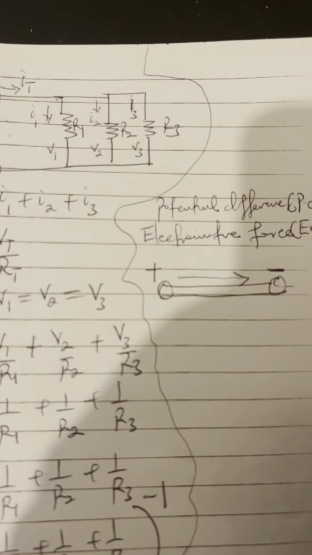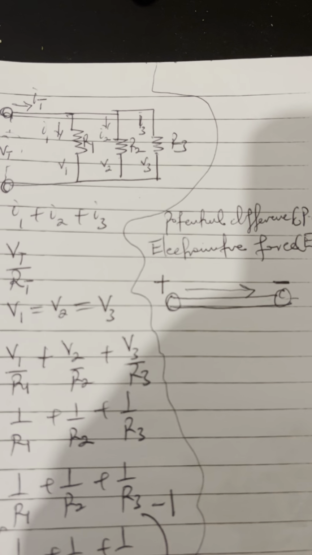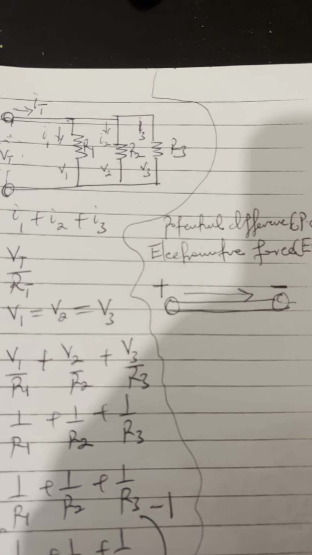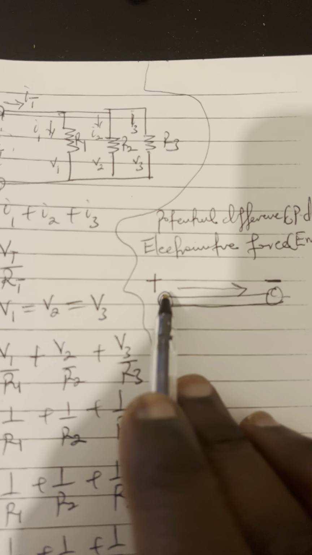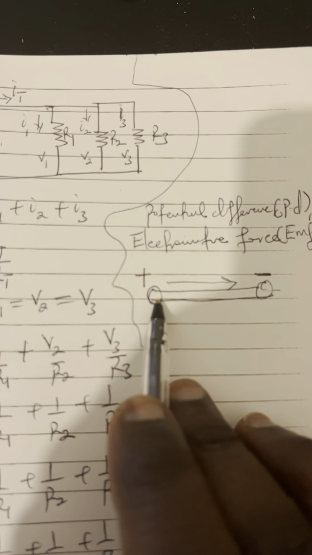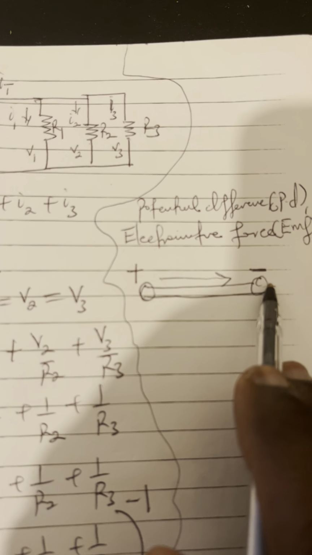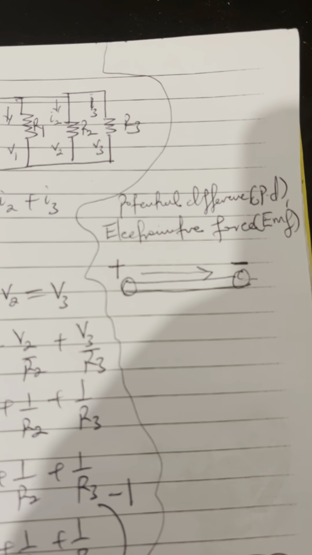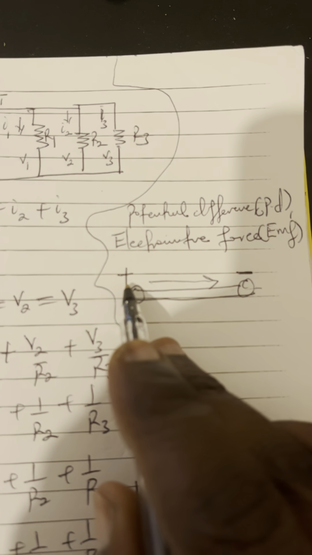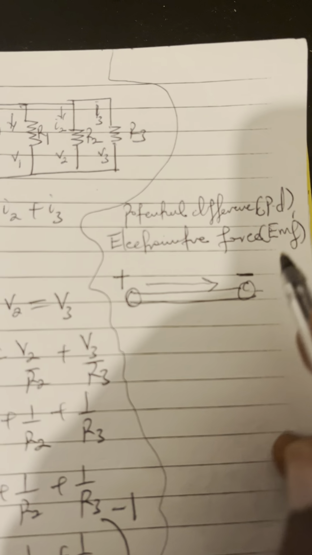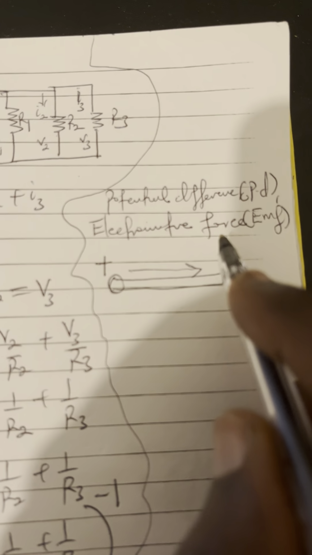You talk about a charge being carried between 2 points. The work it will take the charge to move from this point to this point is what we call potential difference.